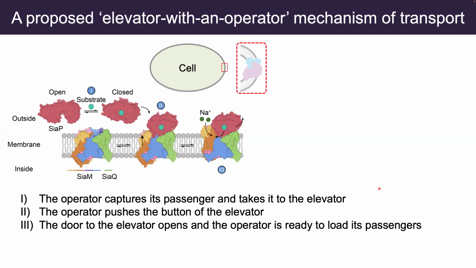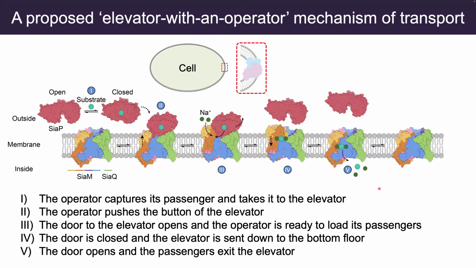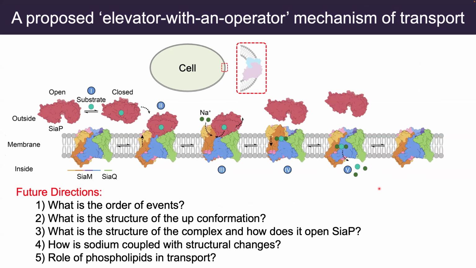The door to the elevator opens. The operator is ready to load its passenger, sialic acid, into the transporter. And then the door closes and the elevator is sent down to the bottom floor. In this case, the elevator domain is moving down and delivering the substrate into the cell.